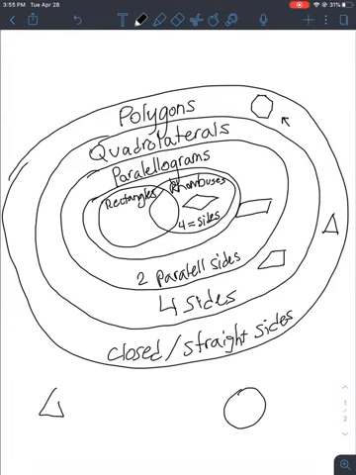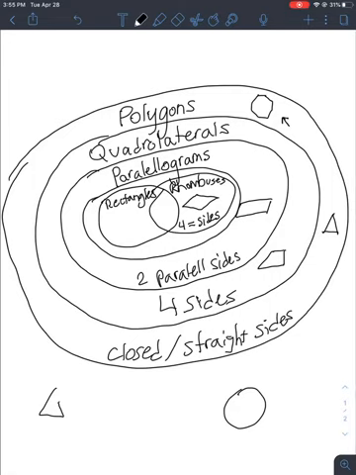All sides are equal. And then rectangles have to have 4 right angles as well as closed sides, it has to be a closed shape, straight sides, it has to have 4 sides, and it has to have at least 2 parallel sides.